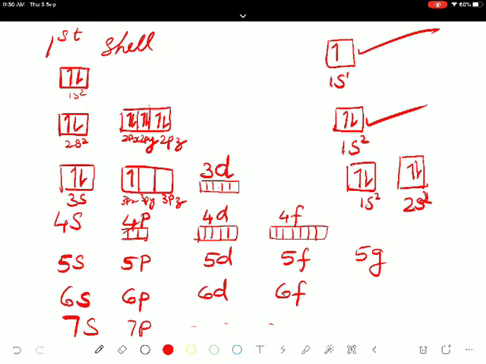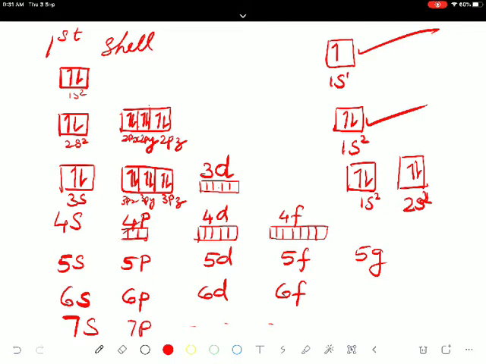Aluminium, silicon, phosphorus. So according to Hund's rule, pairing does not take place until the orbitals of same subshell or the degenerate orbitals are singly occupied. So aluminium, silicon, phosphorus over, then sulfur pairing, chlorine pairing, argon. So this argon pairing, okay.